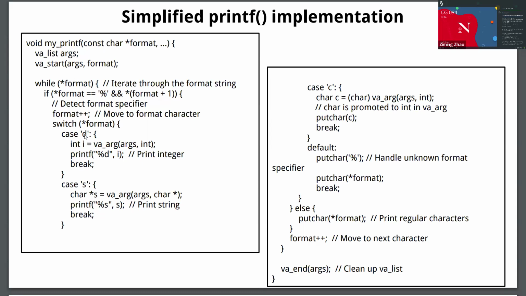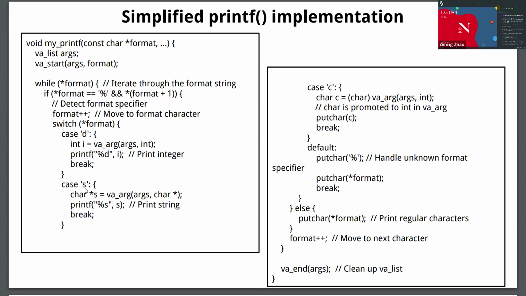For example, if after that percentage sign we have a d, then we know that the next argument we're looking for is an integer. That's why we code it as d here, okay? In the simplified version, we're not implementing the flags, the widths, precisions, those parts. We are also not implementing percentage n, just showing percent d and s.